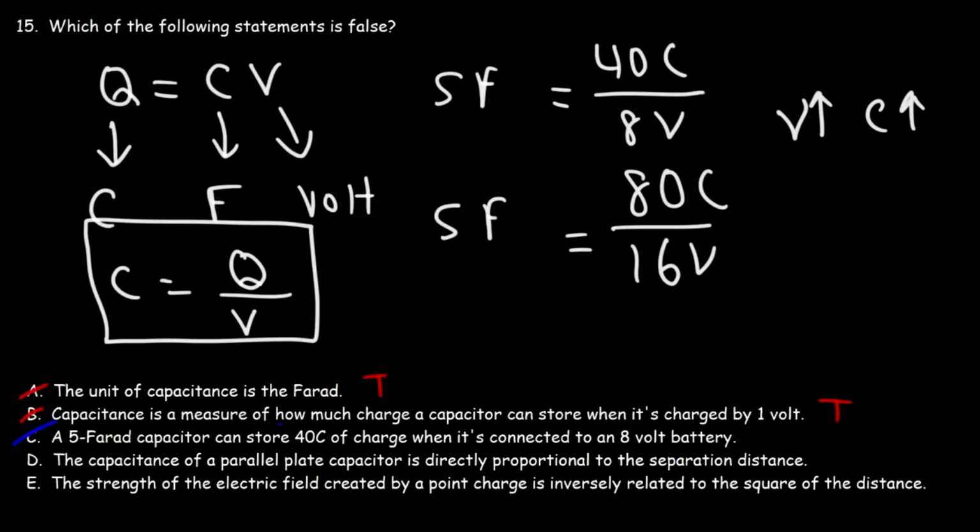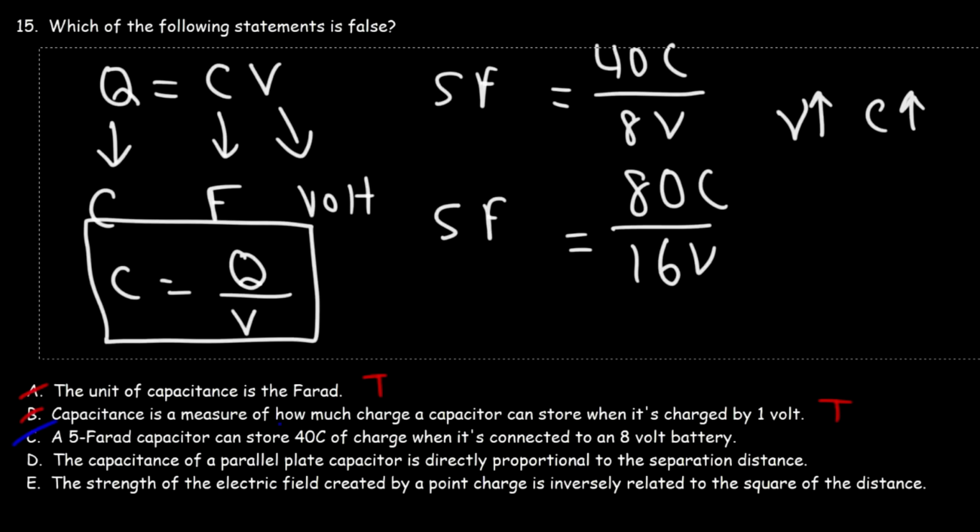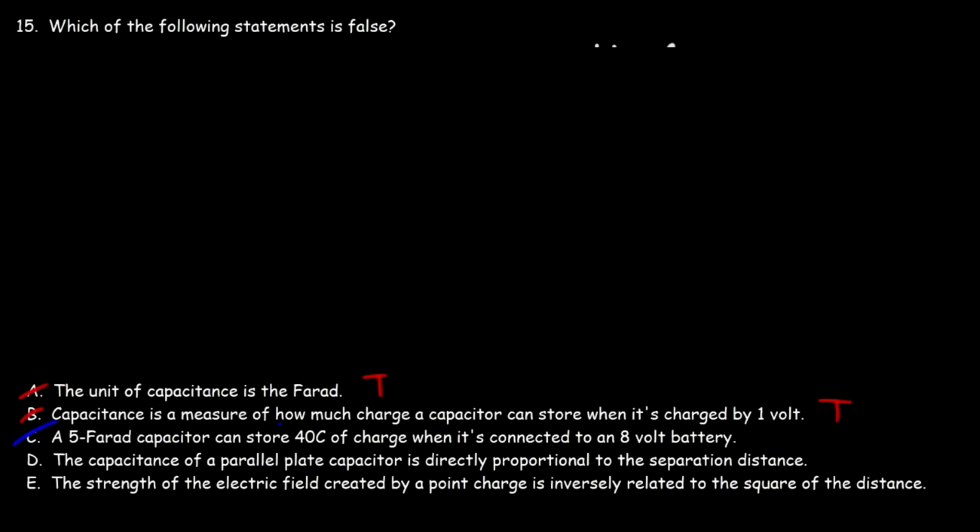The capacitance of a parallel plate capacitor is directly proportional to the separation distance. Is that true or false? So for this one, we need a new formula because the one that we have doesn't have the separation distance. So here is a parallel plate capacitor.